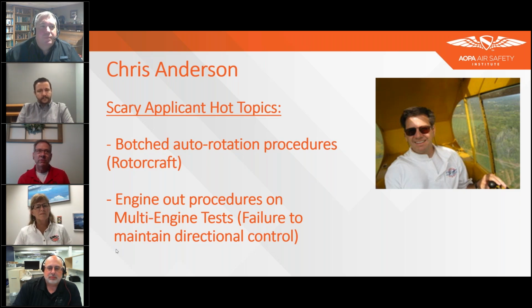So that's one thing, lowering the collective incorrectly. The second thing is moving the cyclic aft and setting the proper attitude. That does a couple of things. Number one, the helicopter has a tendency to dip nose down when we enter an auto rotation, and a lot of people aren't very good at arresting that pitch down attitude. So we need to bring the cyclic aft, and of course, that also affects RPM control as well.